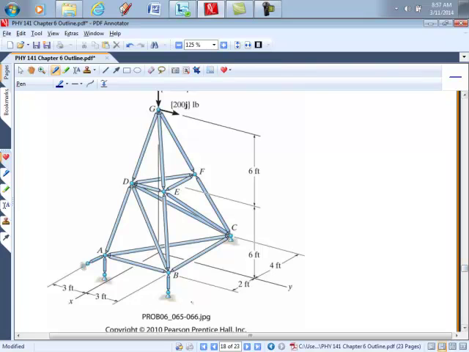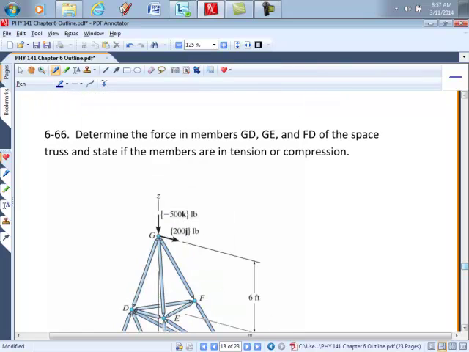All right, we're not going to start here though. We're not going to have to solve for any of the reaction forces. What we're supposed to do is determine the force in members GD, GE, and FD of the space truss and state if the members are in tension or compression. So we don't have to solve the whole thing.